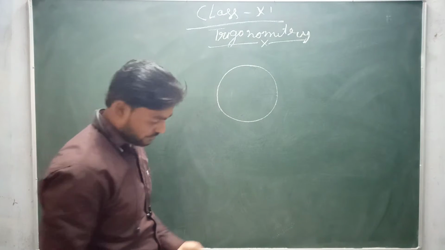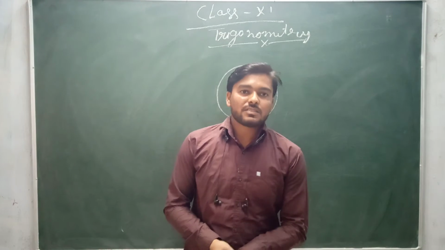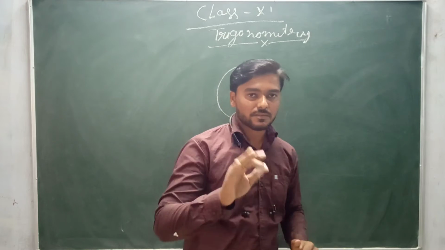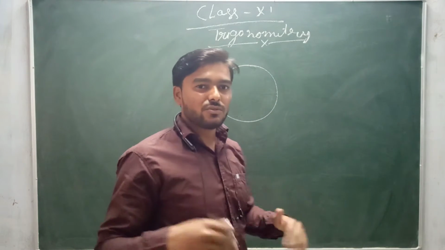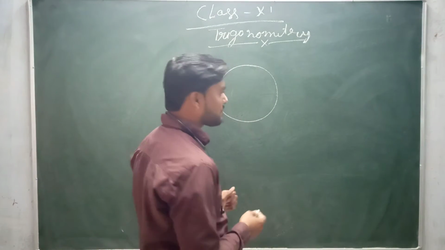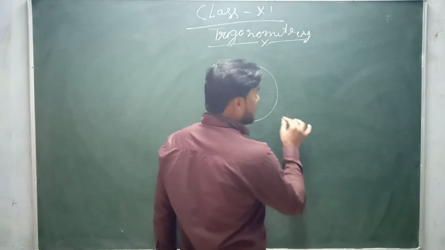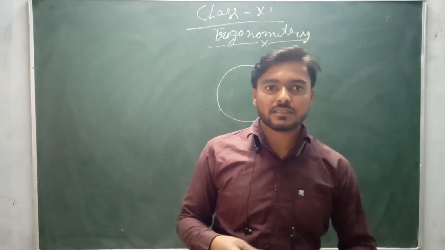Now the next word is radian. What is a radian? Before radian, we are going to do something more. Degree can also be converted into minutes and seconds.